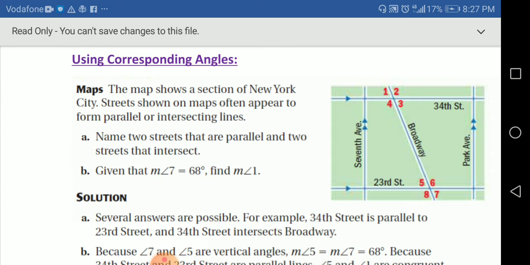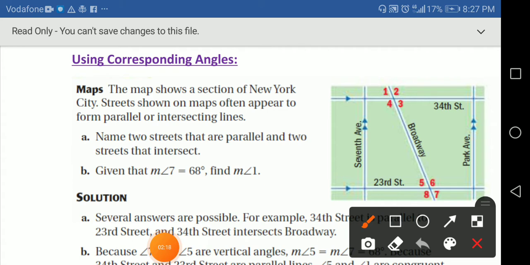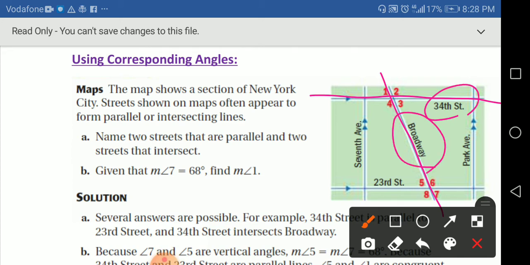And I have also intersecting lines. Can you see? We have 34th Street and Broadway intersecting it, and intersecting also 23rd Street.